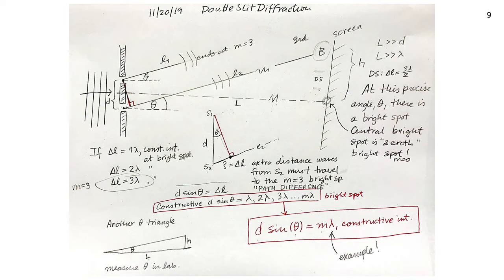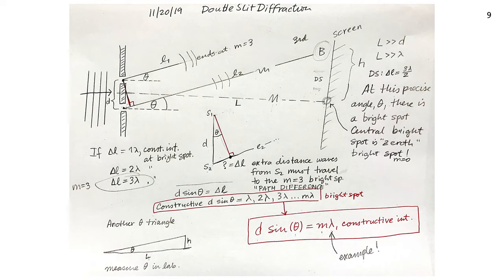So what we want is constructive interference, bright spots. We want d sine theta equal to 1 lambda, 2 lambda, 3 lambda, dot, dot, dot, all the way out to m lambda, I should say.